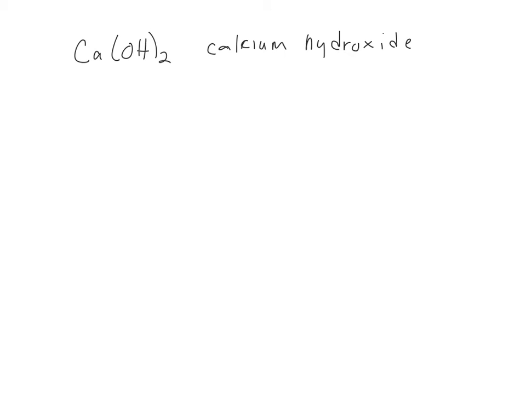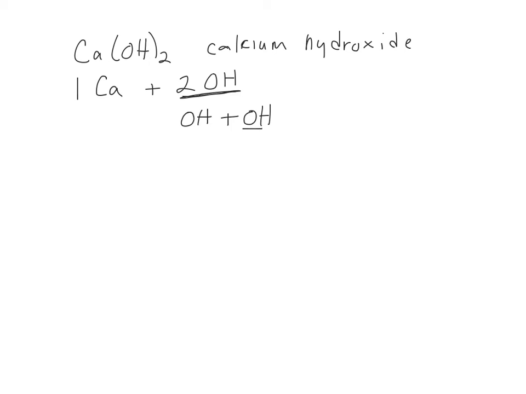So the formula tells me that I have one calcium atom, but it also tells me that I have two of these OHs. And remember, this OH with the minus is the hydroxide. Okay, so within these two OHs, however, I can expand that. So this is an OH plus a second OH.